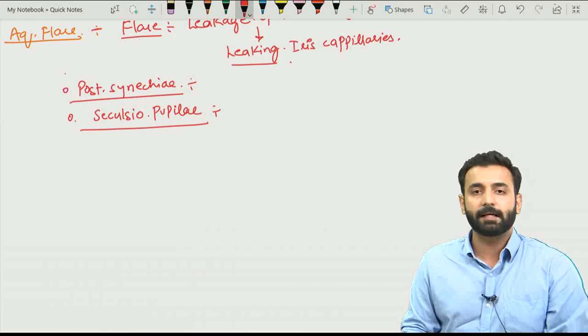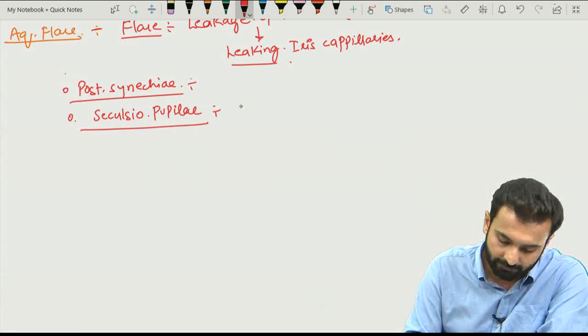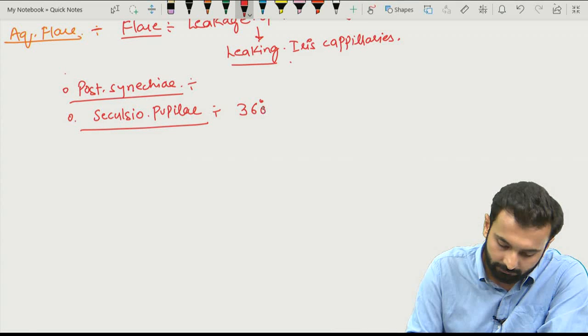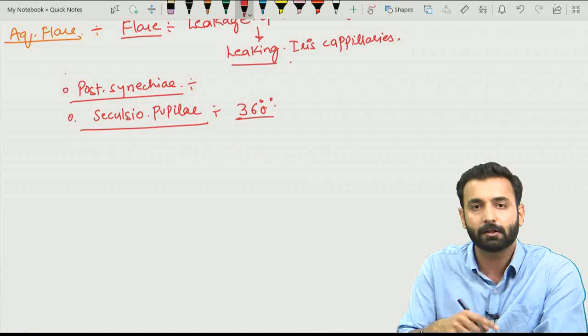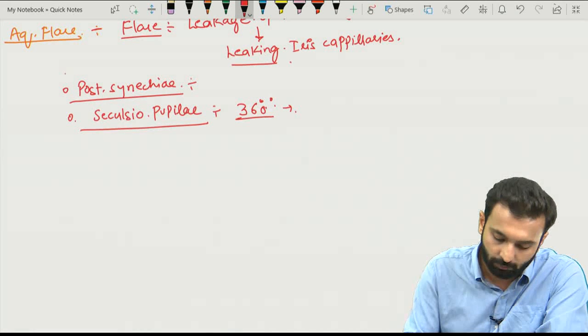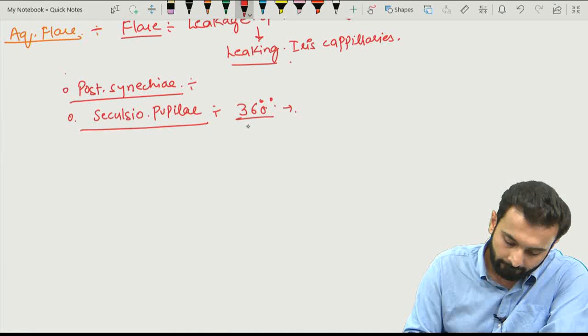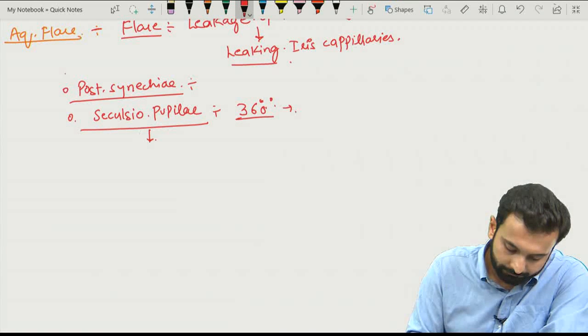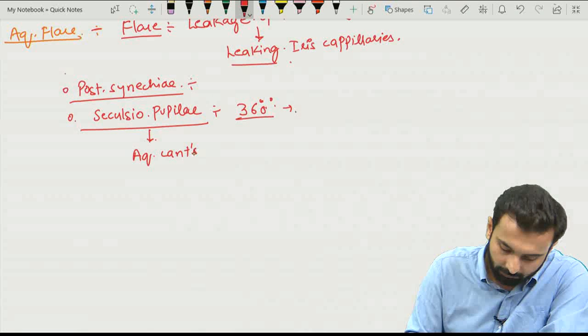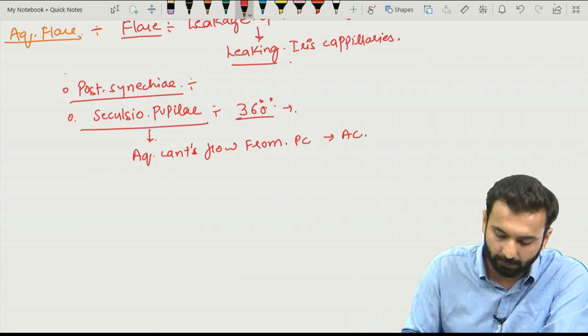Now if the posterior synechia, meaning the adhesion of the pupillary margin with the anterior lens capsule, is present 360 degrees all around the pupillary margin, the condition is known as seclusio pupillae. Means the aqueous cannot flow from posterior chamber to the anterior chamber.